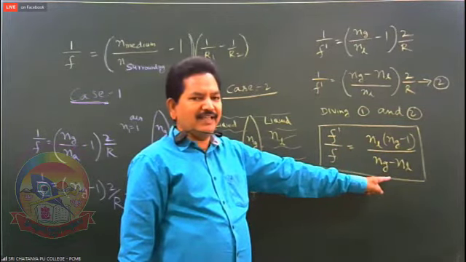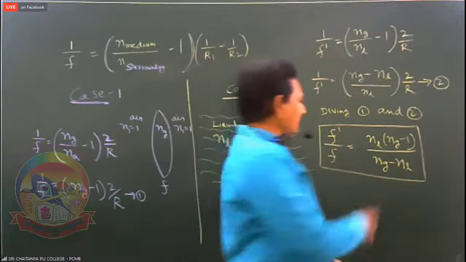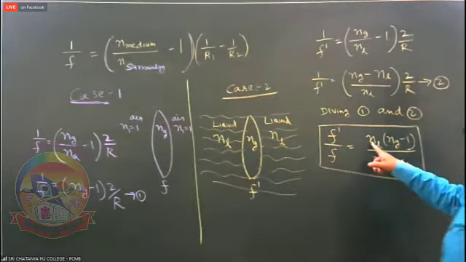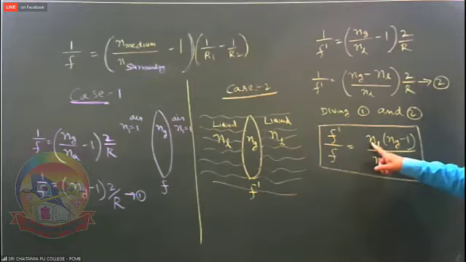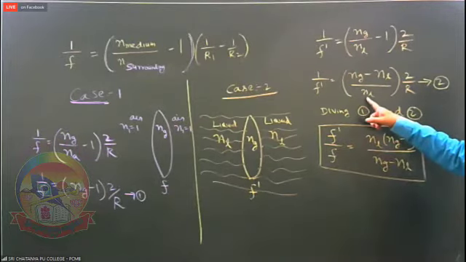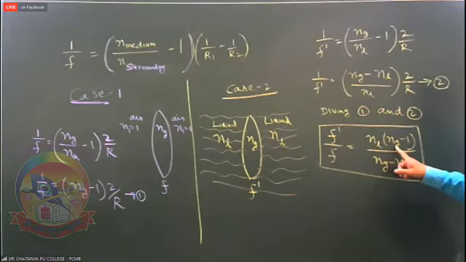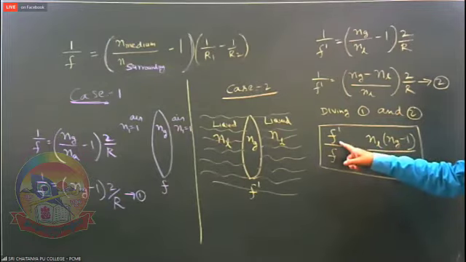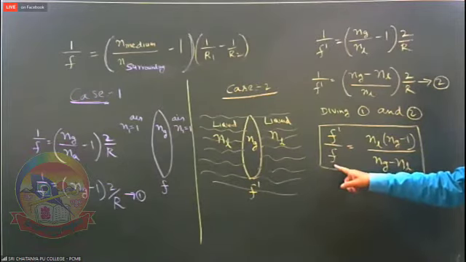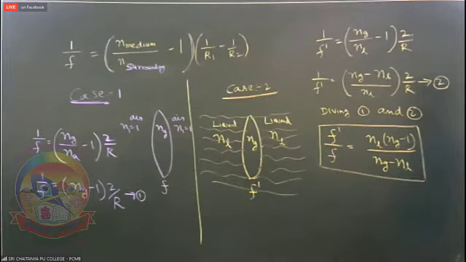Where NL is the refractive index of the liquid, Ng is the refractive index of the glass, F dash is the focal length when it is immersed in the liquid, and F is the focal length when it is in the air column.